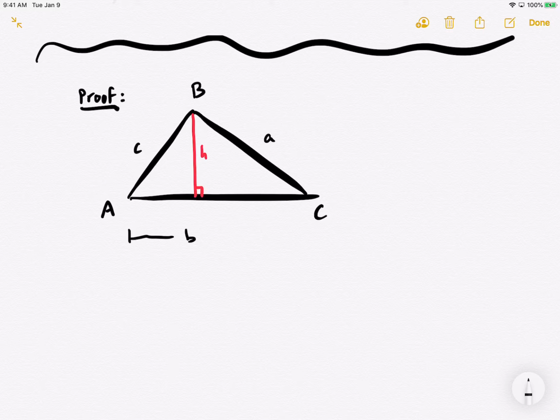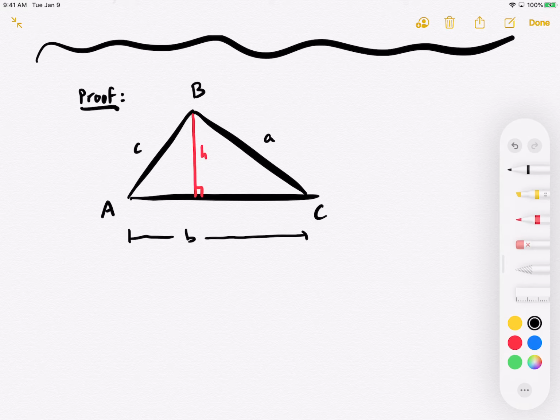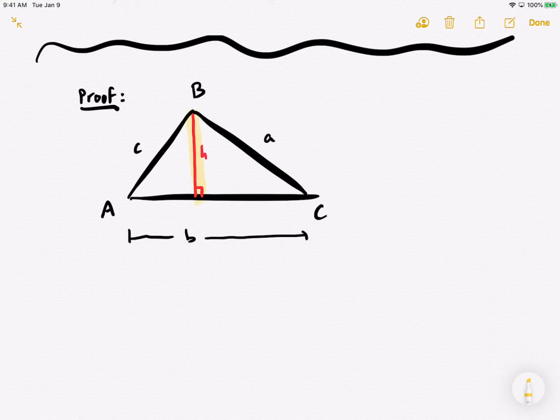So this is just me labeling segment AC as side b, so I can see that that entire length is side b. And what I want to do is focus on the different parts of side b that I've created. Let's take a look at the triangle on the right-hand side.